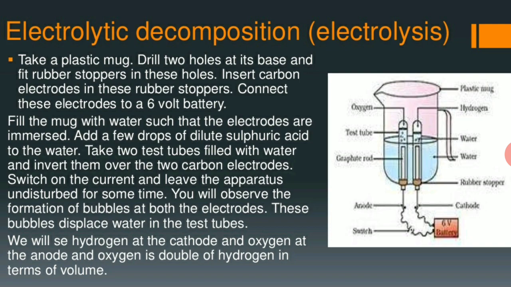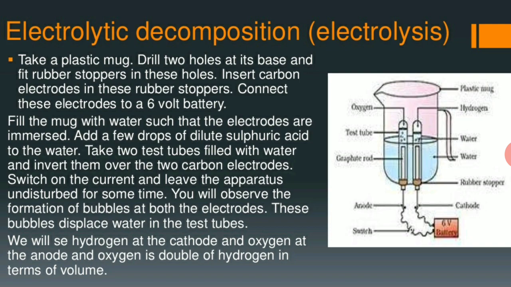We discussed in class 8, the chemical effect of electricity. So when current passes through water, what happens to the water? It splits into hydrogen and oxygen. This is called electrolysis, and it is a type of decomposition. A single compound, say water, decomposes into hydrogen and oxygen. This activity we have done already.